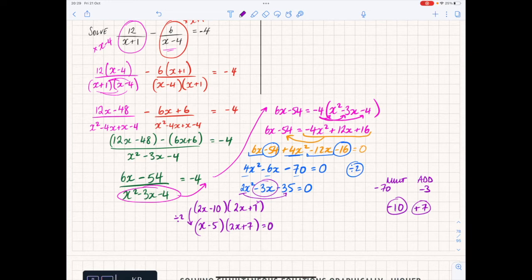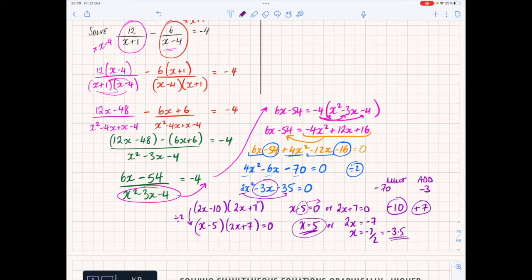You then make one bracket equal 0, so I'm saying x minus 5 equals 0, or 2x plus 7 equals 0. Solve it from here. The minus 5 goes over the other side, it becomes positive 5. Or we take the plus 7 over, so it becomes a minus 7. And then minus 7 divided by 2, which you can say either as minus 7 over 2 or minus 3.5.